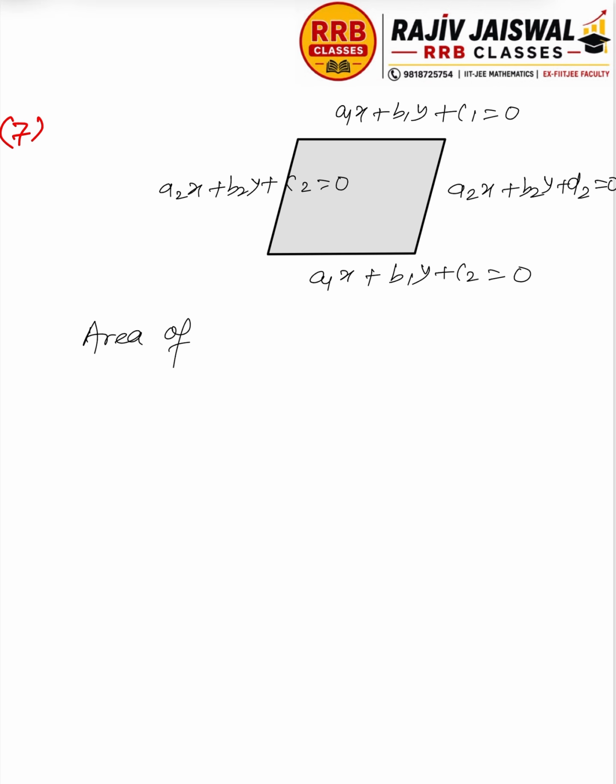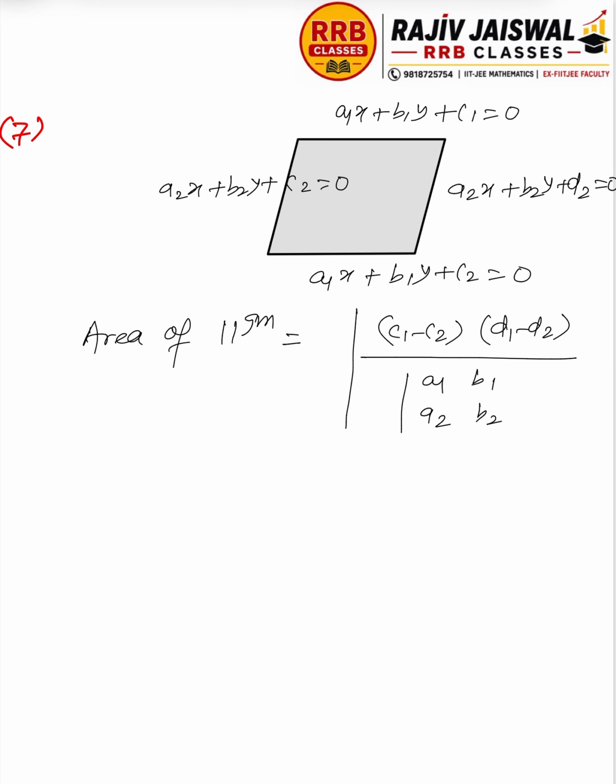The area of that parallelogram is given by the modulus of c1 minus c2 into d1 minus d2 upon the determinant a1 b1 a2 b2. Finally, what is the value?